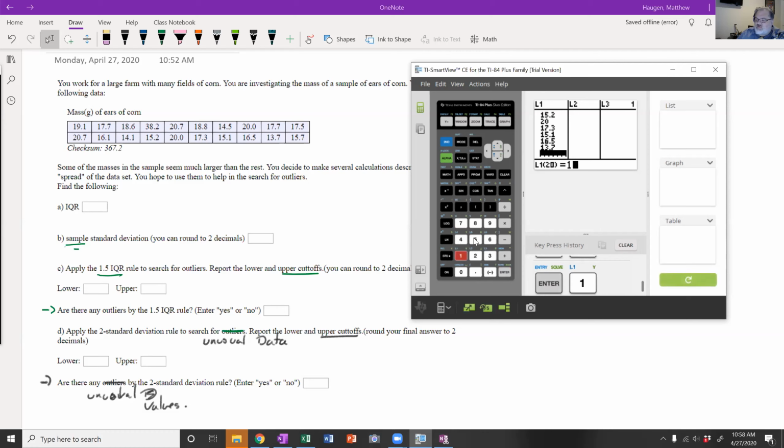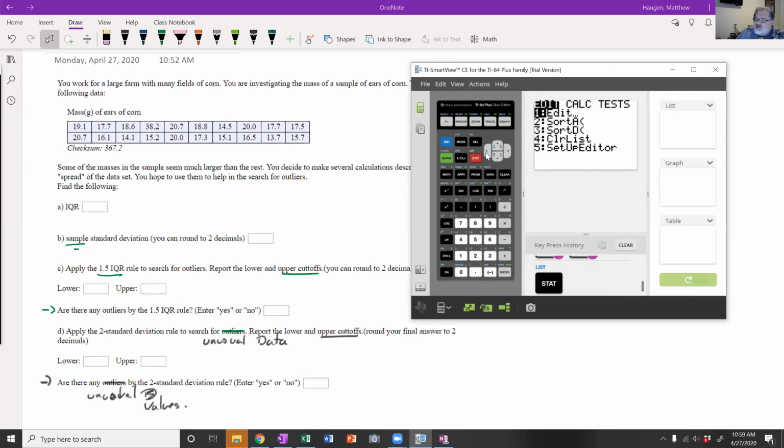And then 15.7. So 19.1, 17.7, 18.6. Oh, that 38.2 is big. Okay, so I think that's all typed in correctly.